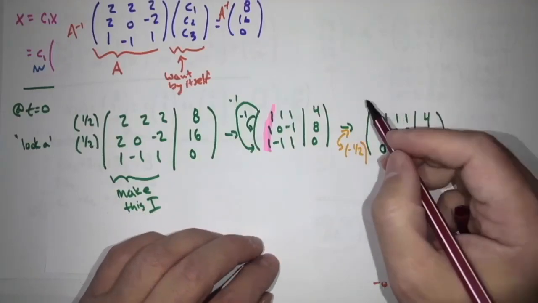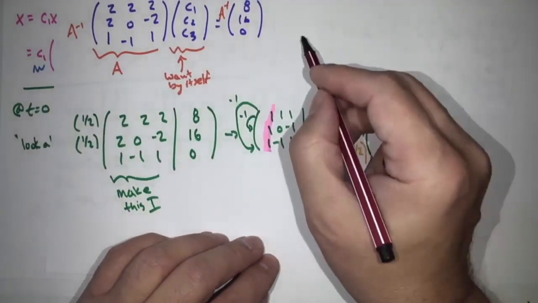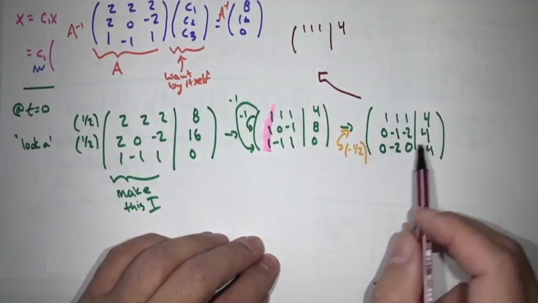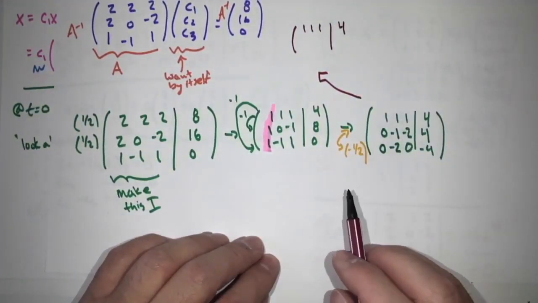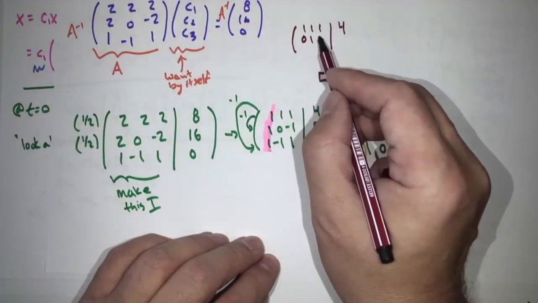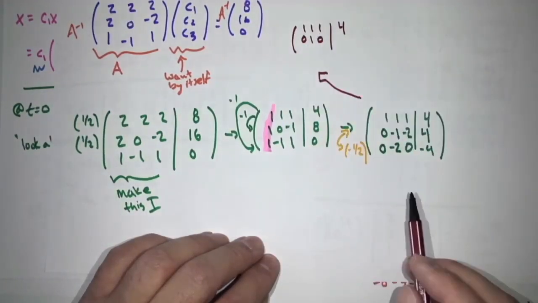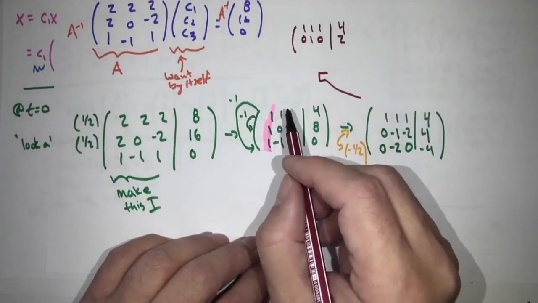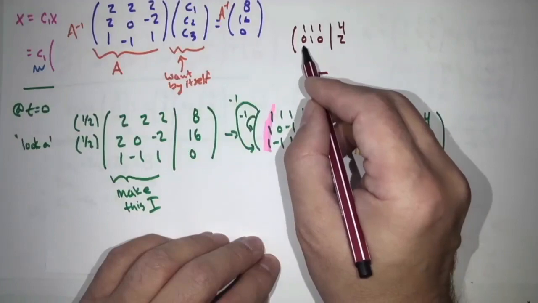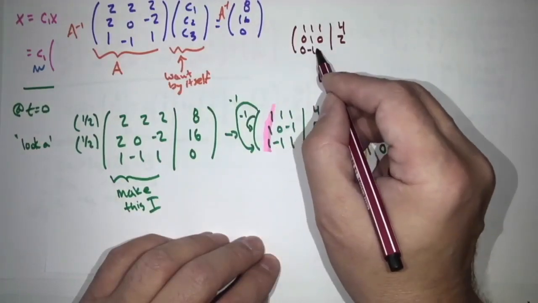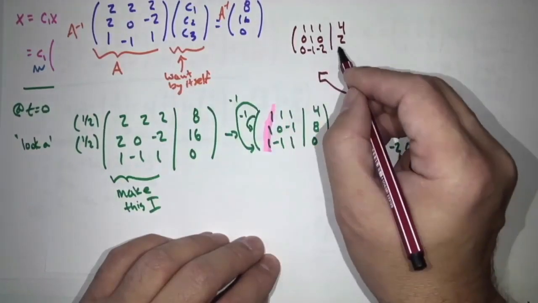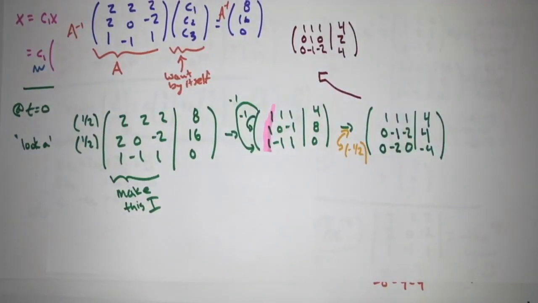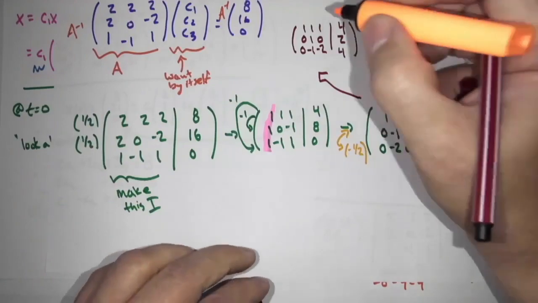Those are interchangeable operations. So we haven't changed the top row. The new middle row will become what? 0, 1, 0, 2. The bottom row will be 0, minus 1, minus 2, 4.